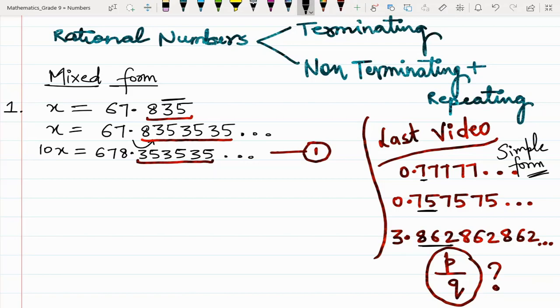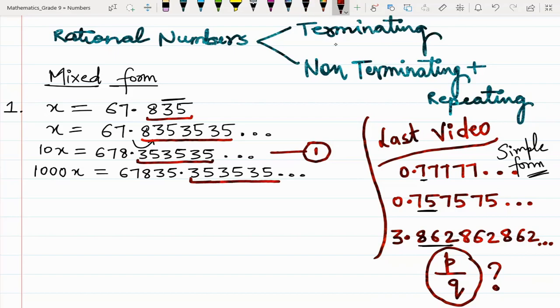So let's multiply equation 1 with a 1 and 2 zeros, that is 100. 10 multiplied by 100 will give you 1000x equals to, shift your decimal 2 places to the right, it will be 67835.3535 and so on. So you can see the decimal part now is exactly matching with equation 1. So let's put it as equation number 2.